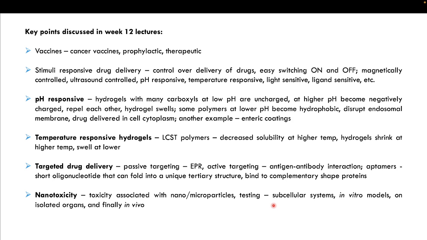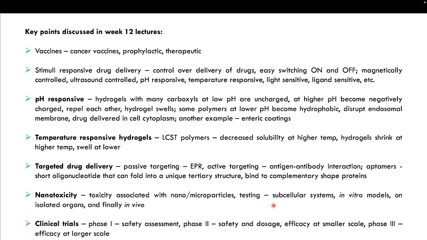So there is actually a proper protocol for whatever research you do in your lab. From the lab to the market, there's actually a very big protocol. This is where your clinical trials come into the picture. You must have heard a lot about these. Certain medicines are in phase 1 trials, certain drug delivery systems are in phase 2 trials.